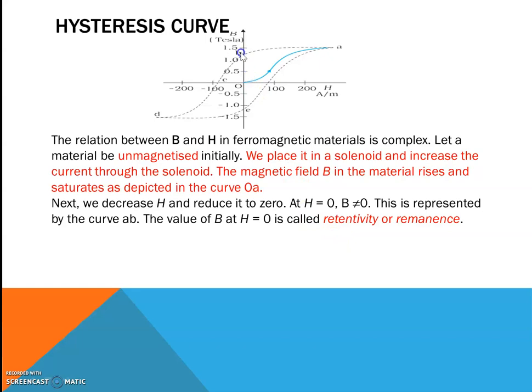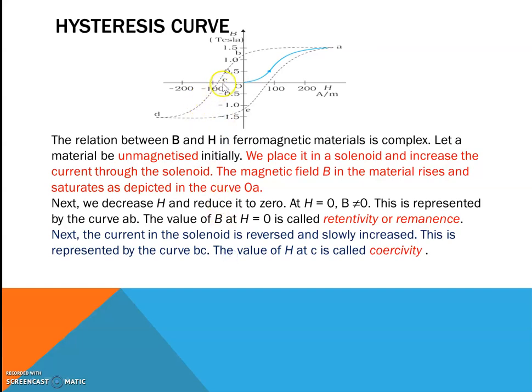This is the curve AB. Now as shown in the image, we reverse the current and the magnetic field induction decreases as shown in curve B to C. At point C, magnetic field induction becomes 0, but at this point H is non-zero because there is a reverse current.